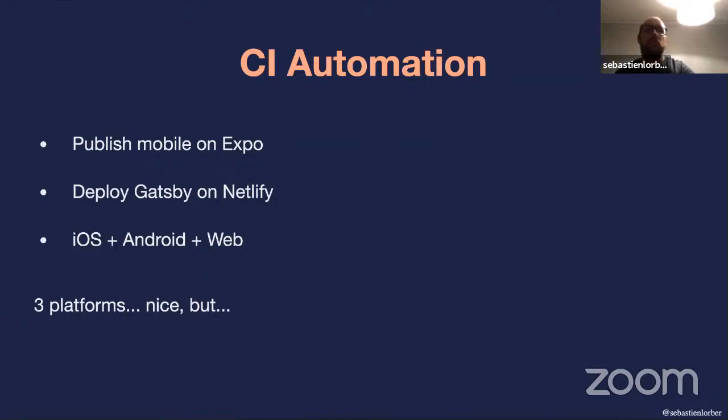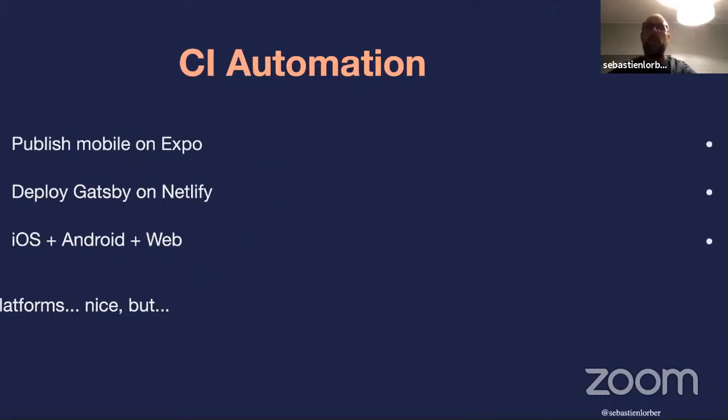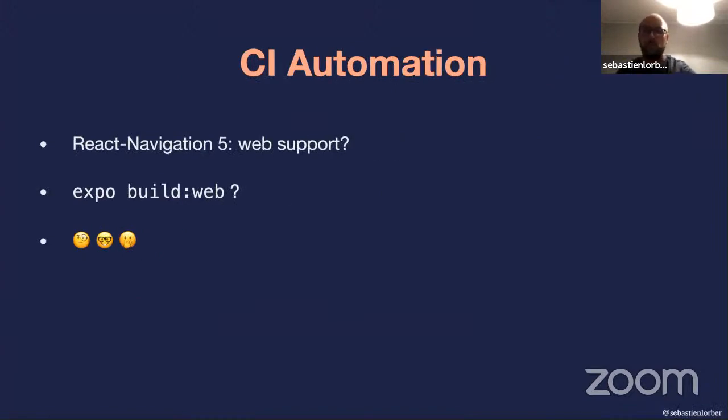But this is pretty nice. But I wanted to see if it was possible to go a bit further. React Navigation 5 has web support, and there is a command that permits exporting an Expo application to the web. So I wanted to see if I was able to get another platform for free, which would not be based on Gatsby, but would be a mobile website based on Expo and React Navigation 5.